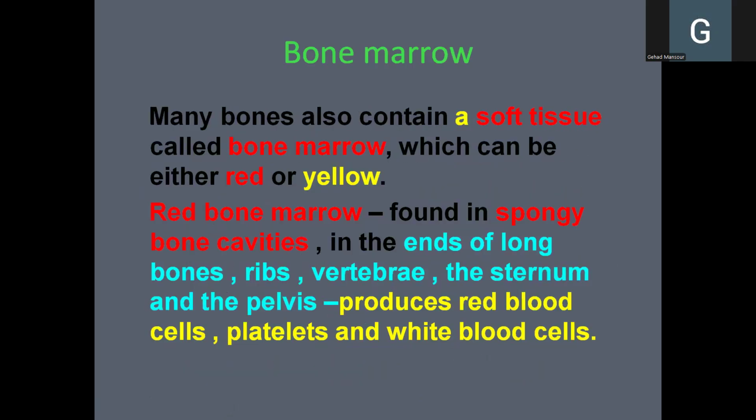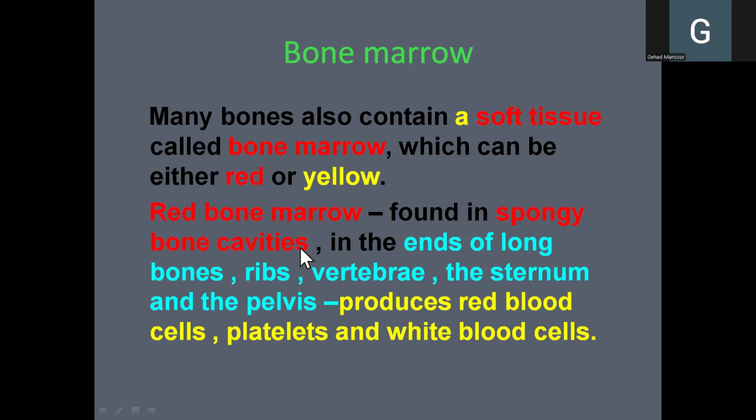The bone marrow, as we said, includes all the cavities, whether they are in the form of one cylindrical cavity, like in the case of the yellow bone marrow, or many interconnecting cavities. It's a soft tissue, and it can be red or yellow, as we said before.